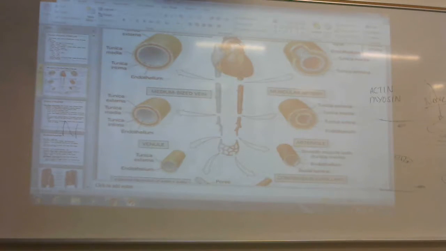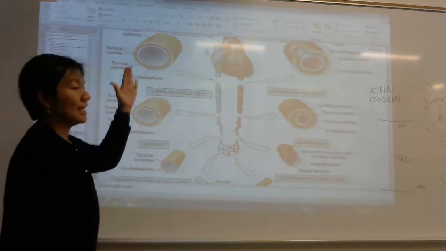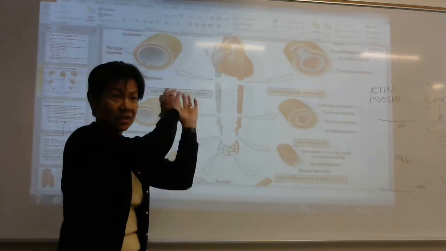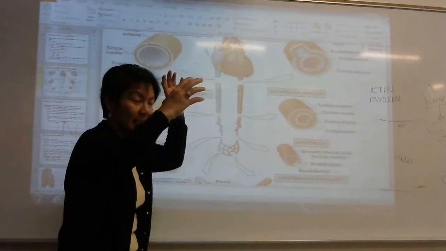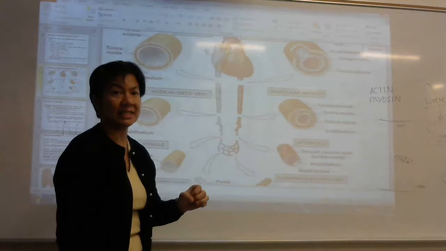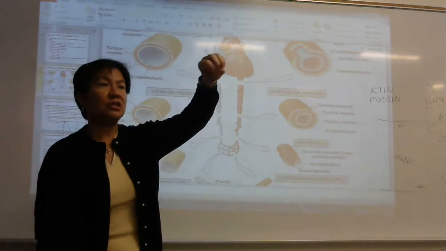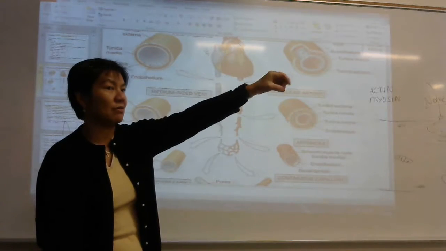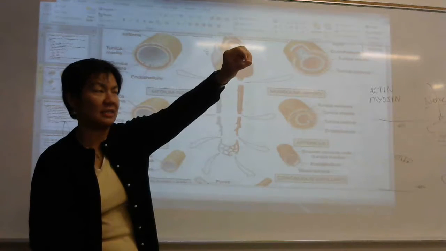You understand the word resistance. Resistance is the force that the blood vessel has to overcome, or even the heart has to overcome, so that it has to pump stronger to overcome the resistance. So what do you think? We're just talking about the blood vessels.